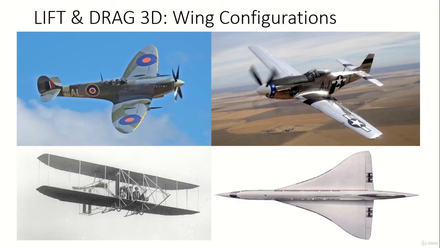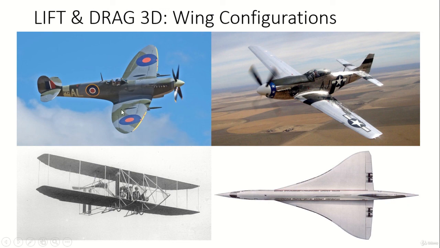And just to discuss the wing configurations on other types of aircraft. You have the Spitfire, which was one of Britain's most legendary aircraft. It has this very recognizable elliptical wing, and it is one of the few aircraft which used elliptical wings. As we saw, it was optimized for lift-to-drag optimization.